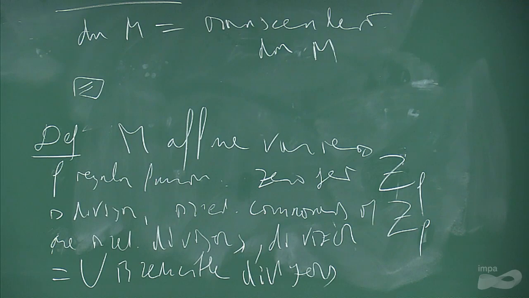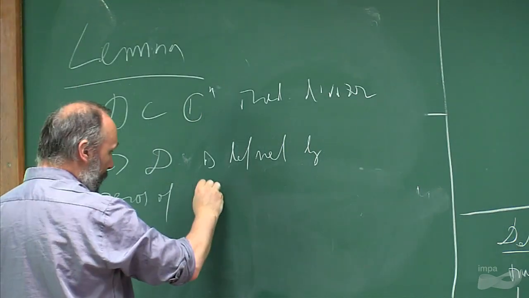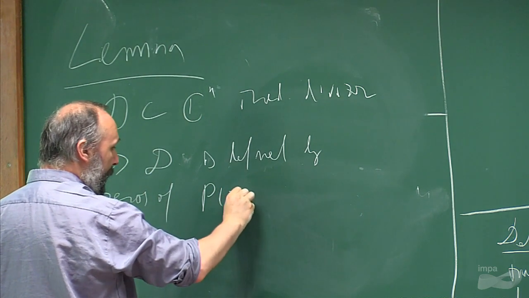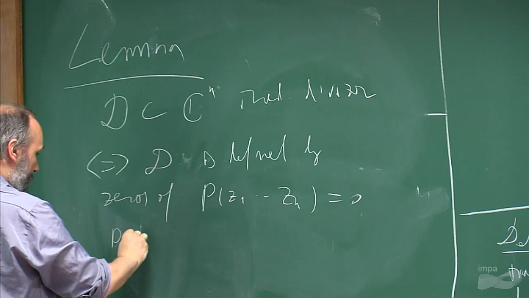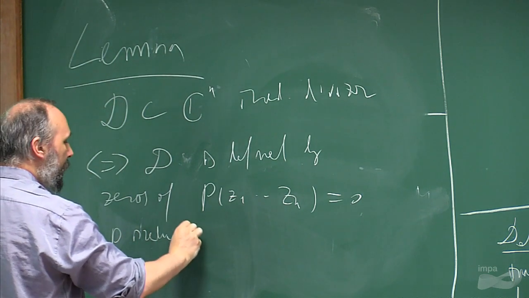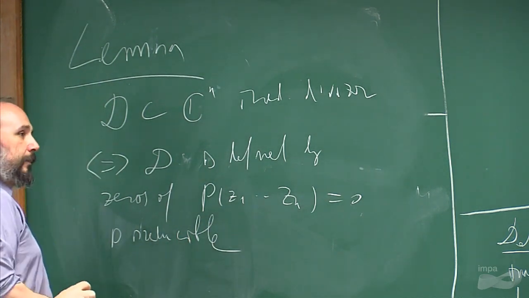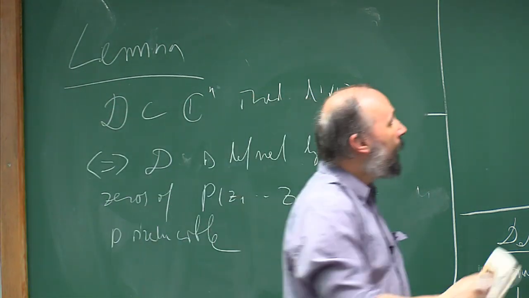Then D is defined by the zeros of a polynomial p(z1, ..., zn) = 0, where p is irreducible.